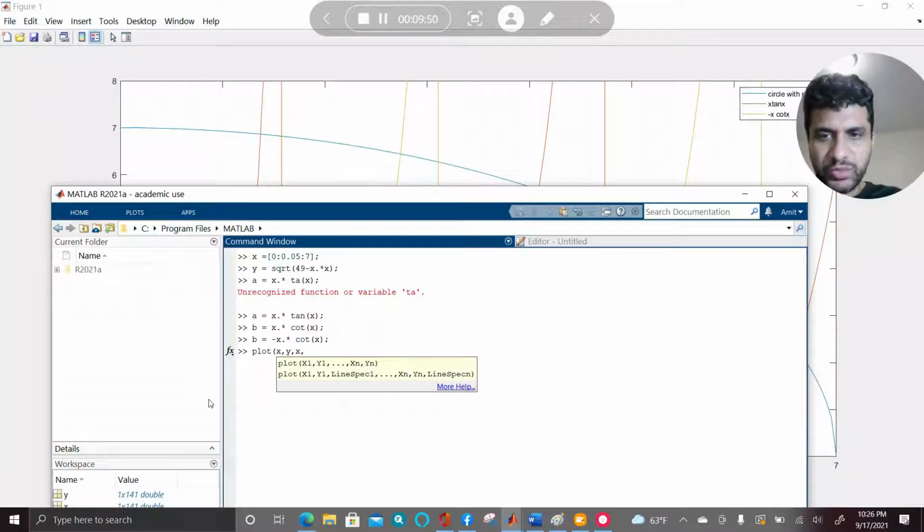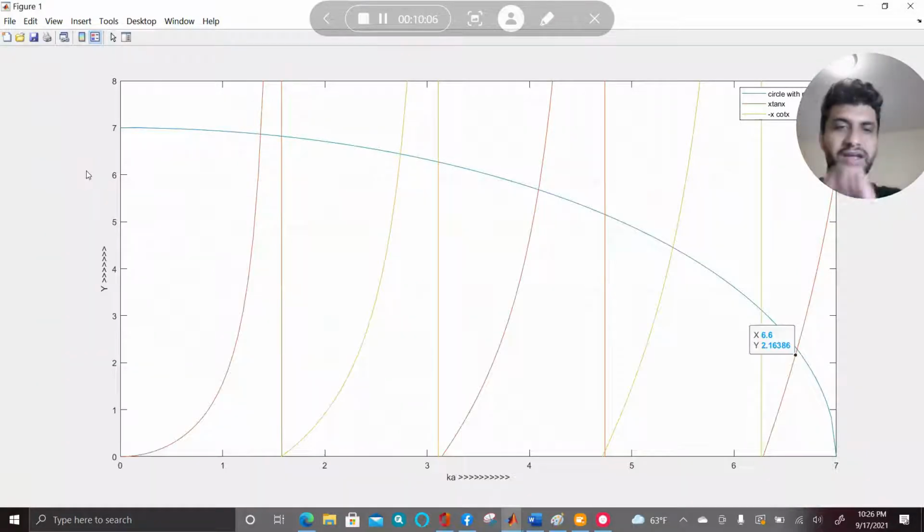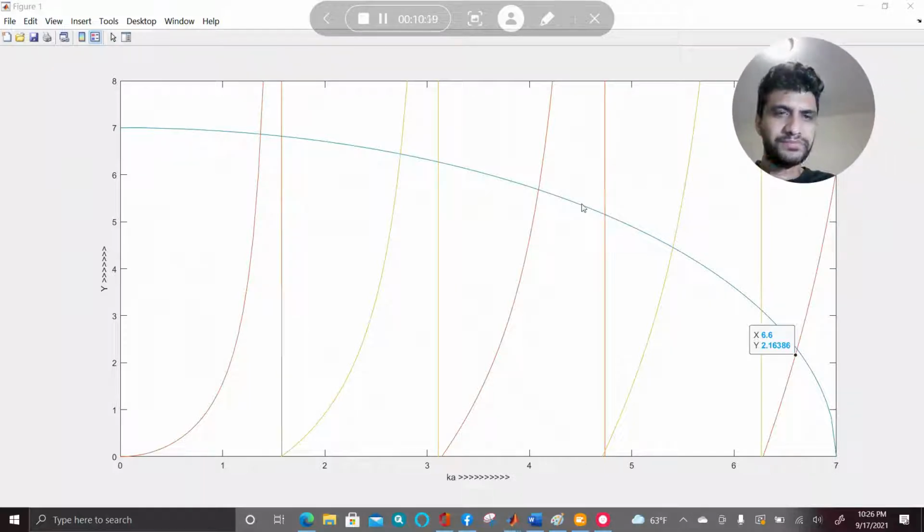Then plot x with a, it gives the first transcendental equation in plotting form, and again x plotted with b. We are plotting this second one, b equals minus x cot x. So when I plot this, I get this type of graph.